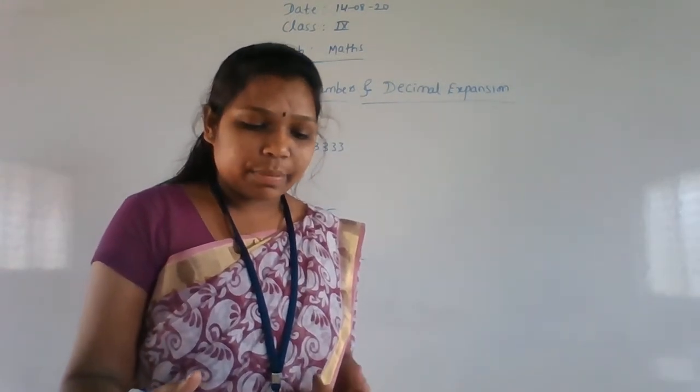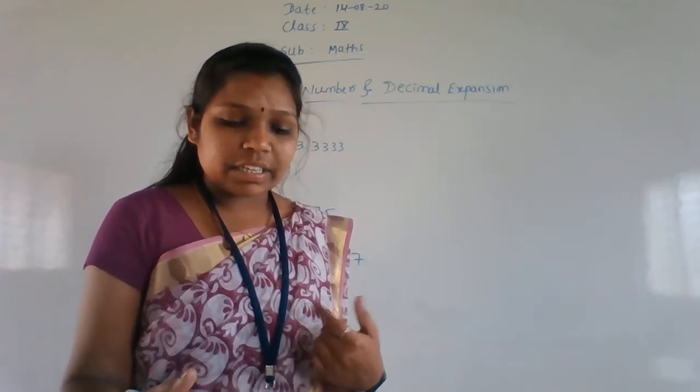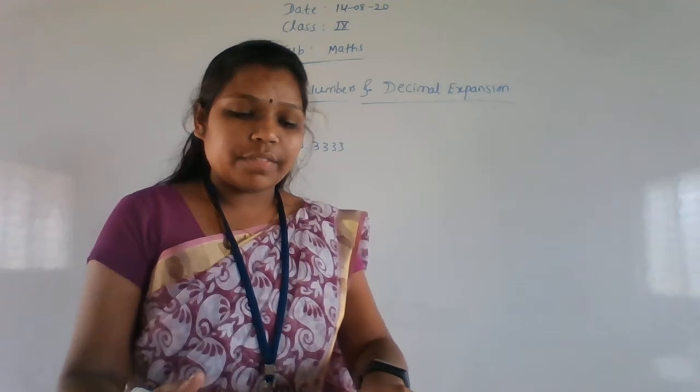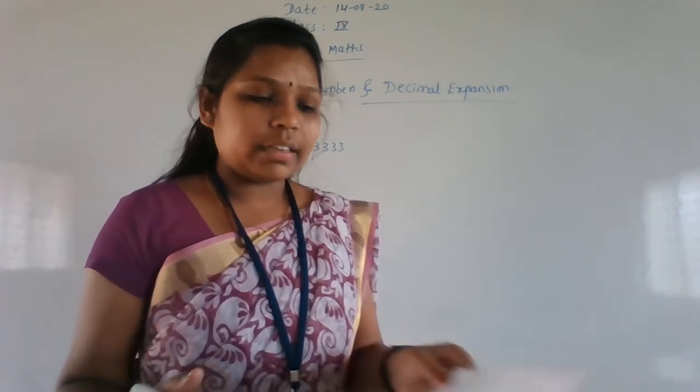If the remainder repeats, then a block of digits repeats in the quotient, and we get the repeating block in the quotient.